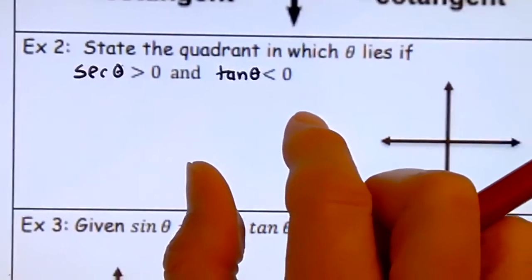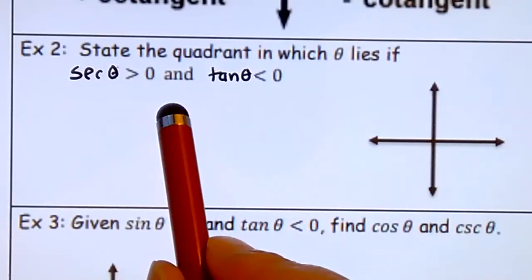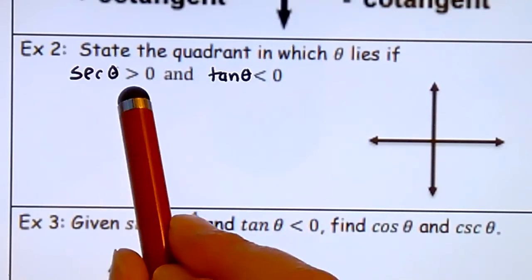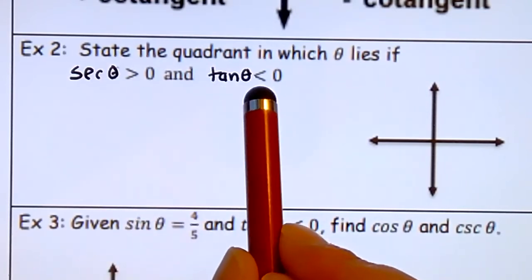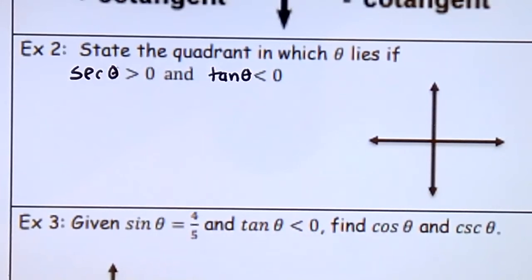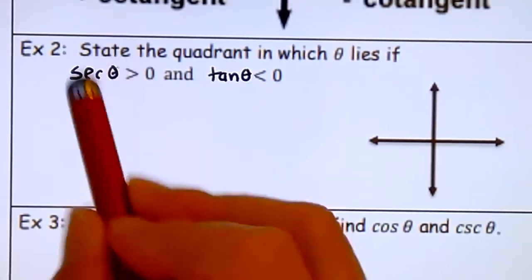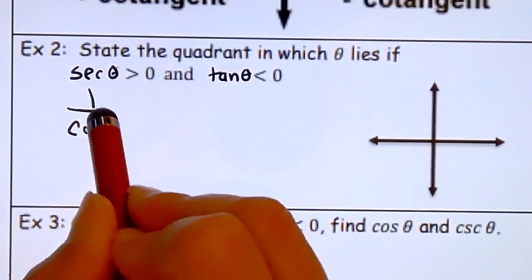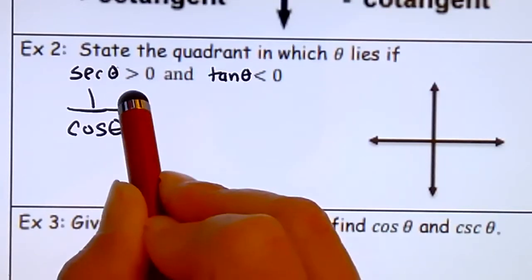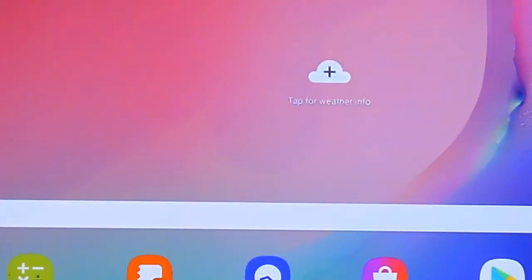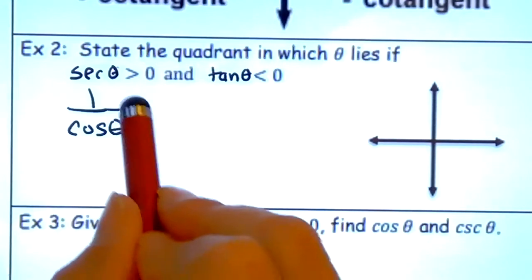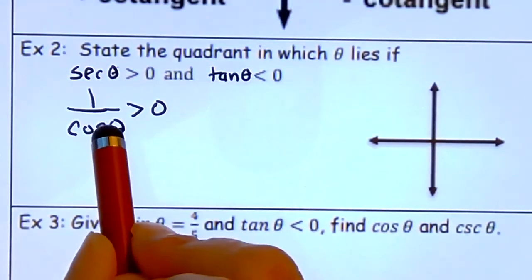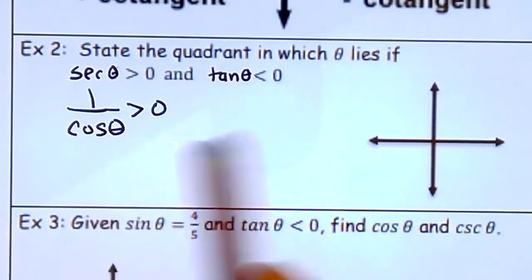What we want to figure out is what quadrant theta is in if your secant for that angle is positive and your tangent is negative. So first off, it's helpful to think about secant. Remember, s doesn't go with s, so this is going to be cosine theta. So I really want to know, where is my cosine positive?